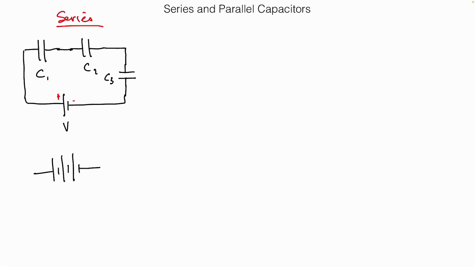This is series, okay? And we'll do parallel over here. How would I connect capacitors in parallel? Well, you kind of draw them the way it says, right? So if I've got a capacitor there and a capacitor there and a capacitor there, then coming out of the battery, I could come up and hook capacitor number 1 into the battery. Now, capacitor number 1, is it in series right now? Sure is. There's no junctions anywhere, okay?